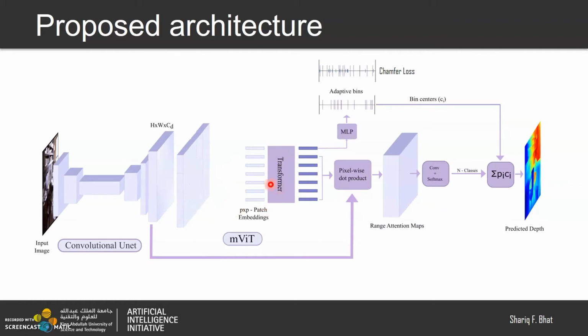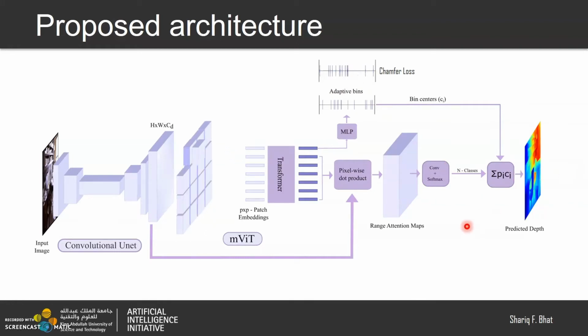We use this transformer on a high-resolution tensor output from a convolutional encoder-decoder. This transformer module we call MBIT gives us two outputs, a high-resolution tensor that we call range attention maps and our adaptive bins. We then estimate the probability distribution over these bins for each pixel and then take the expected value, giving us the final depth map.